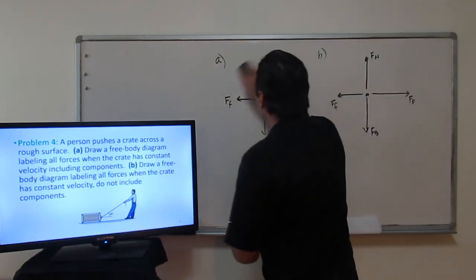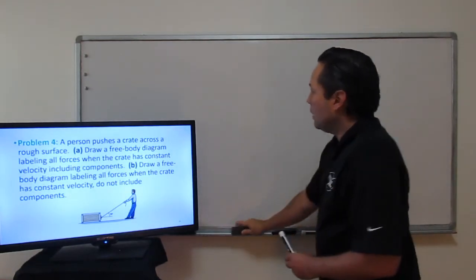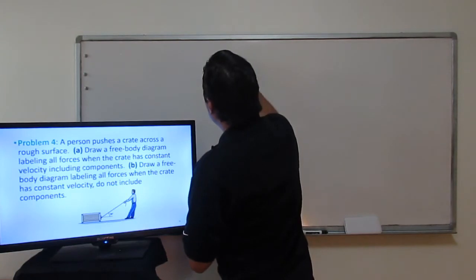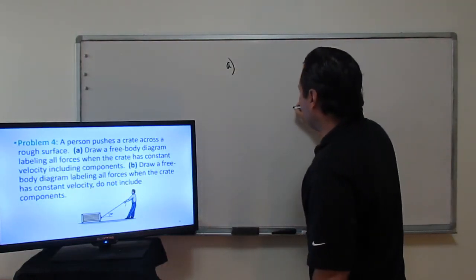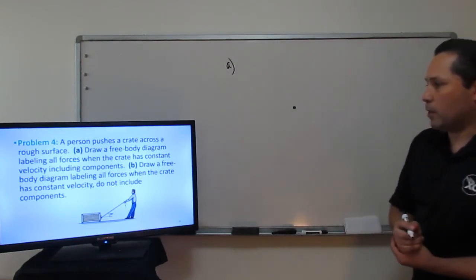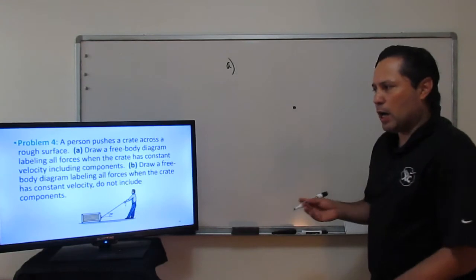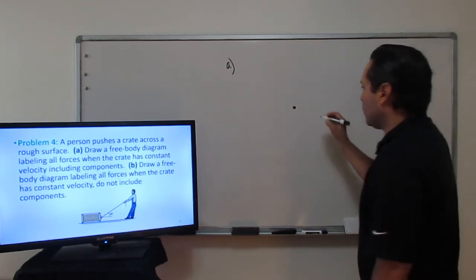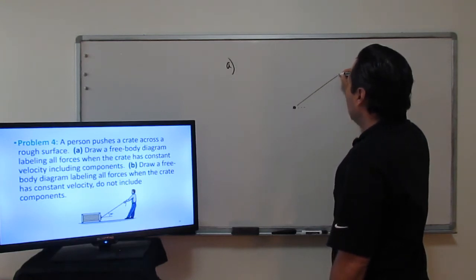Okay, so let's do part A. In part A, I'm going to put my free body diagram here. So there's my crate. The man is pulling with a force at 30 degrees, so just a quick dotted line right there. Roughly 30 degrees, and this is my force pull.